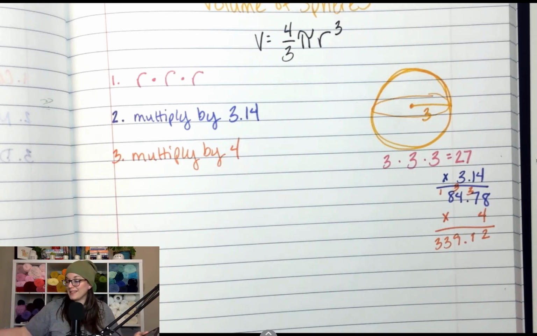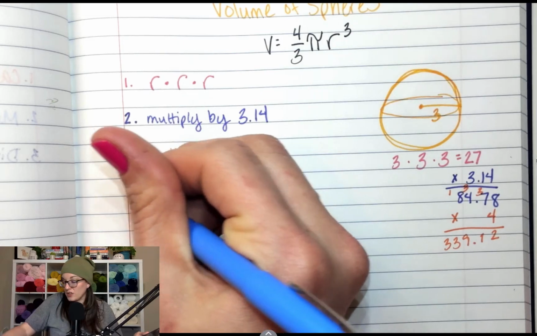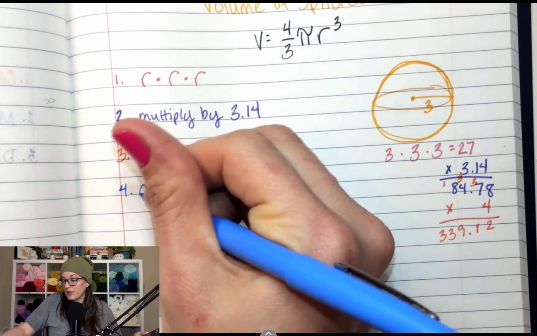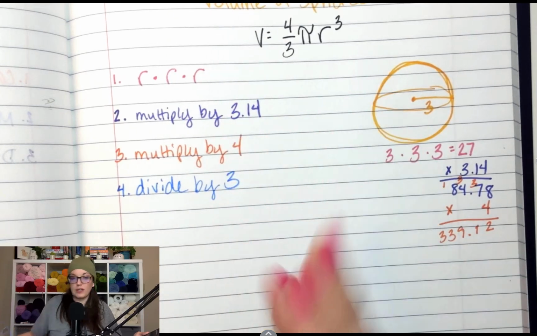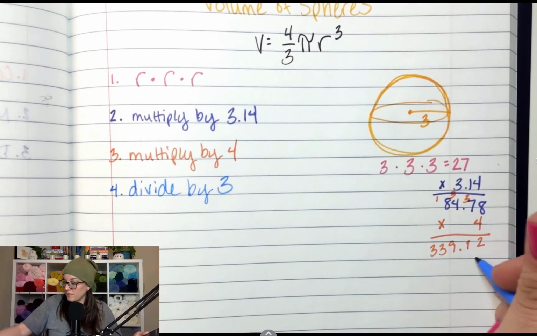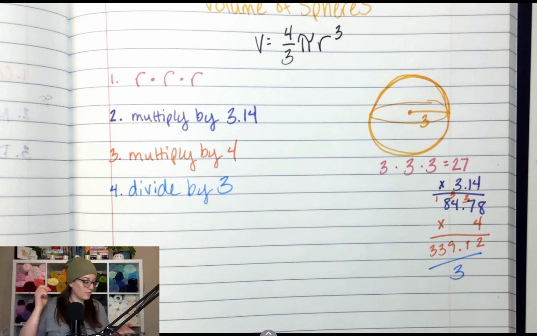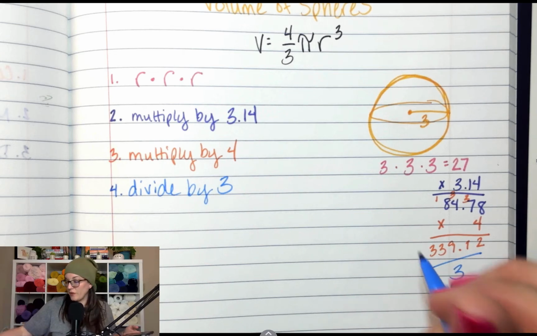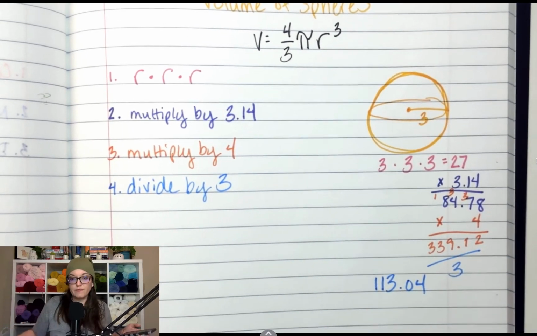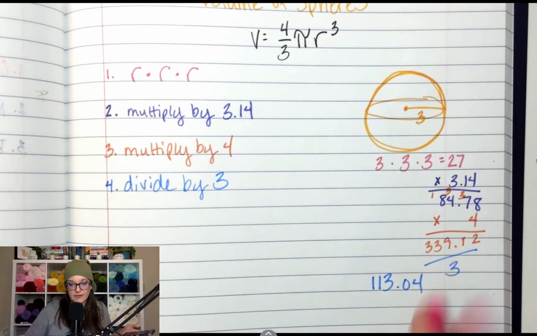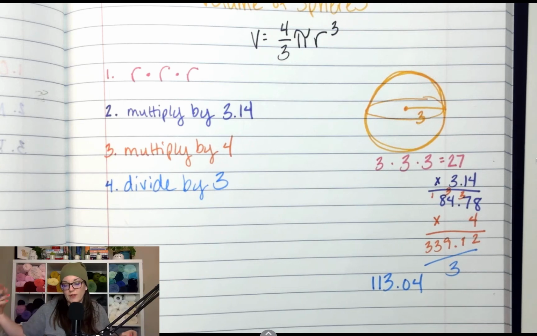And then my last step, step 4, is to divide by 3. Divide by 3. And you get 113.04. So the volume of this sphere is 113.04 cubic, whatever this is.